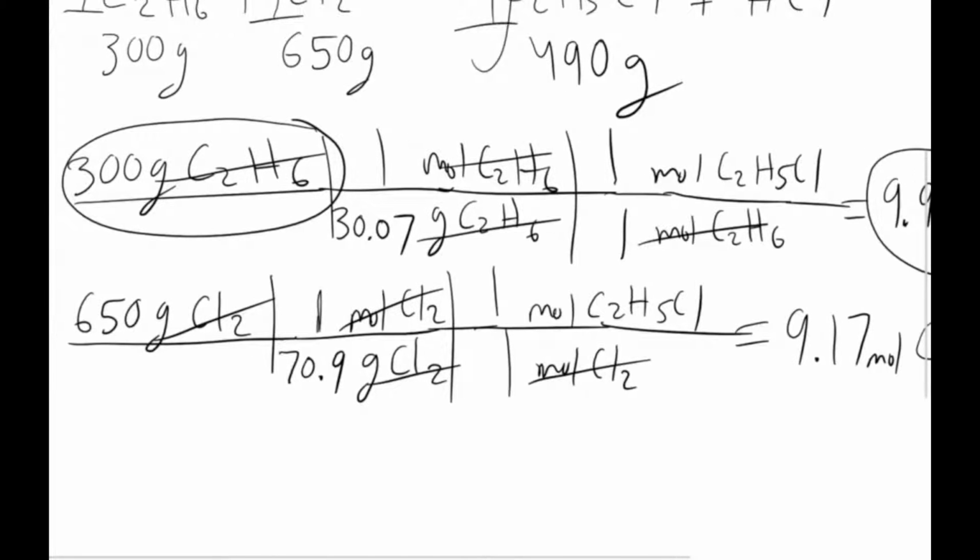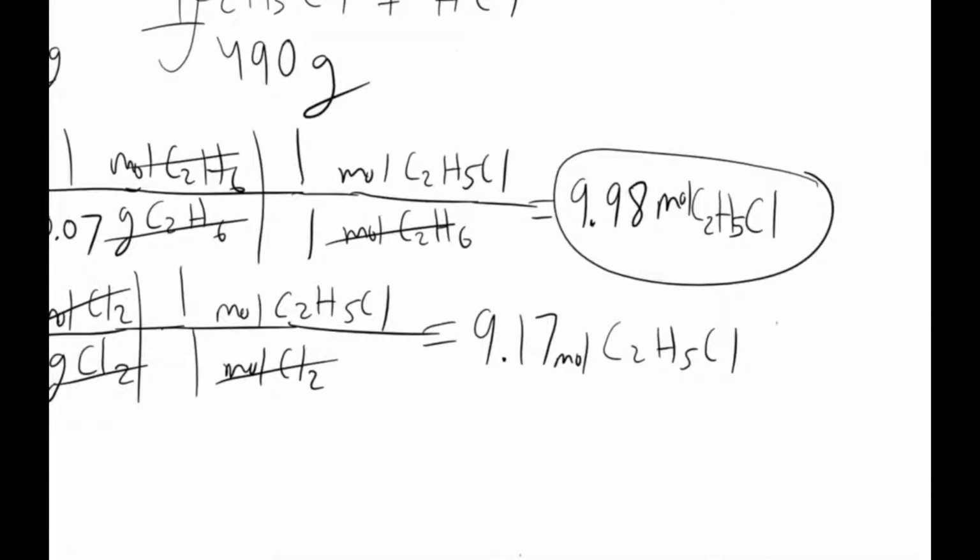And if the chlorine gas was the limiting reactant, and all 650 grams of it reacted, then 9.17 moles of the chloroethane would be produced. Now we have to compare and see which one of these two numbers is lesser. Since the 9.17 moles of chloroethane is lesser, this is the only thing that's virtually possible.